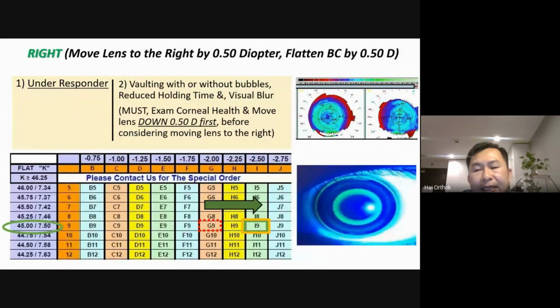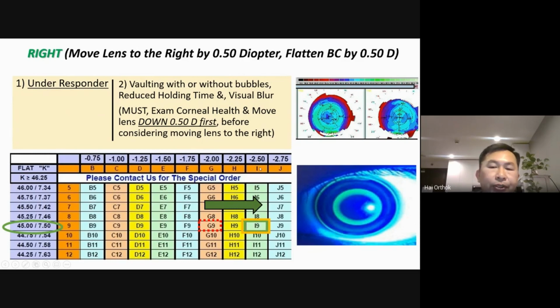The other case is under responding. When it's under responding, that means I do wear my G9 lens, it's correct with my Rx, but somehow after 2 weeks I still have a remainder of half a diopter under corrected. So the practitioner will increase the lens half a diopter.